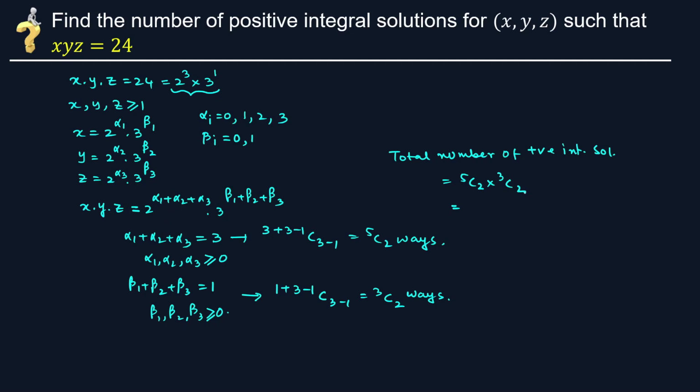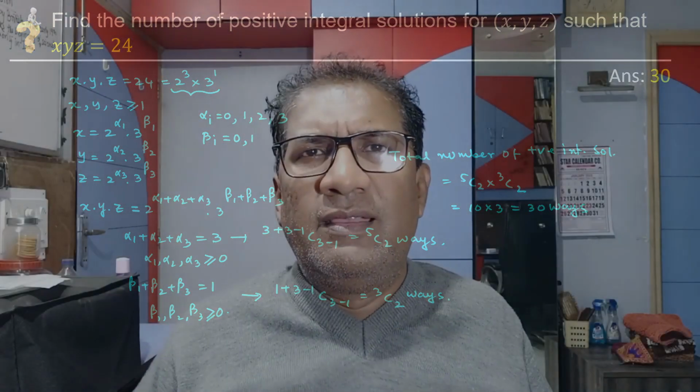That is why I have multiplied 5C2 with 3C2. So 5C2 gives us 10, 3C2 gives us 3. So the answer is 30 ways. Is this problem clear to all? This is a different type of problem. Here a product is given. That is why I told you I have covered almost all types that can come in the examination.